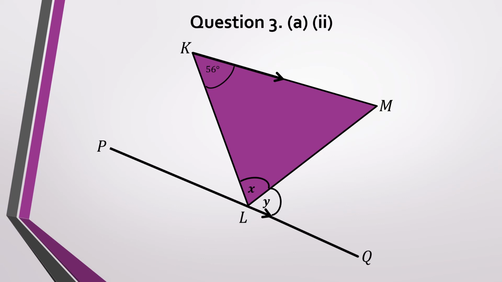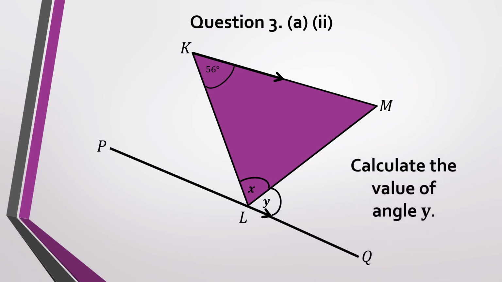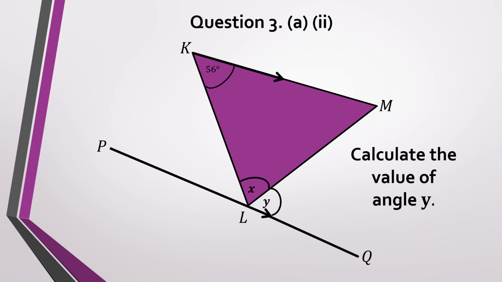Here we have: calculate the value of angle y. Where is angle y? Angle y is up here. There are a couple of different ways you may be able to solve for this. The easiest way is simply by recognizing that angle y forms an alternate angle with angle M, which has a magnitude of x.